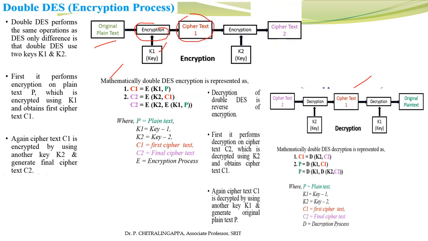This is the input for the next encryption process. The ciphertext is given as the input for the second encryption with key 2. Then we get one more ciphertext, which is called the double DES ciphertext.